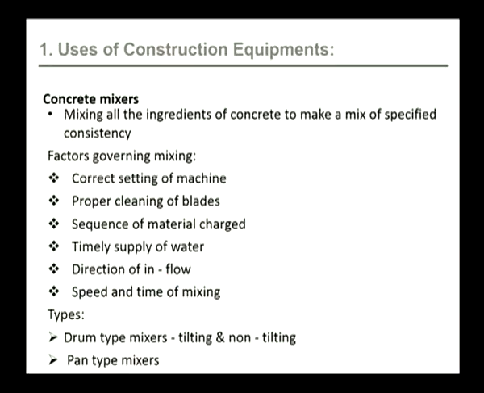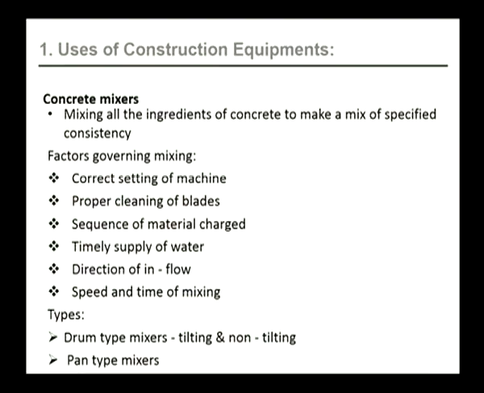Concrete mixers. Concrete mixers are used to mix all the ingredients of concrete to make a mix of specified consistency. The factors governing mixing are correct setting of the machine, proper cleaning of blades, sequence of material charged, and timely supply of water, the direction of inflow, speed and time of mixing.